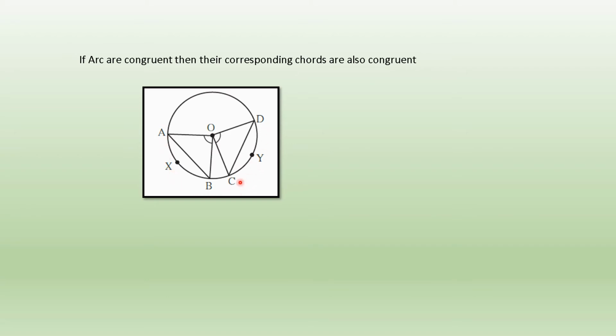Corresponding to arc AXB is the chord AB and corresponding to the arc CYD is the chord CD. Since the arcs are congruent, their corresponding chords will also be congruent. So from here, we can simply conclude that chord AB is congruent to chord CD.